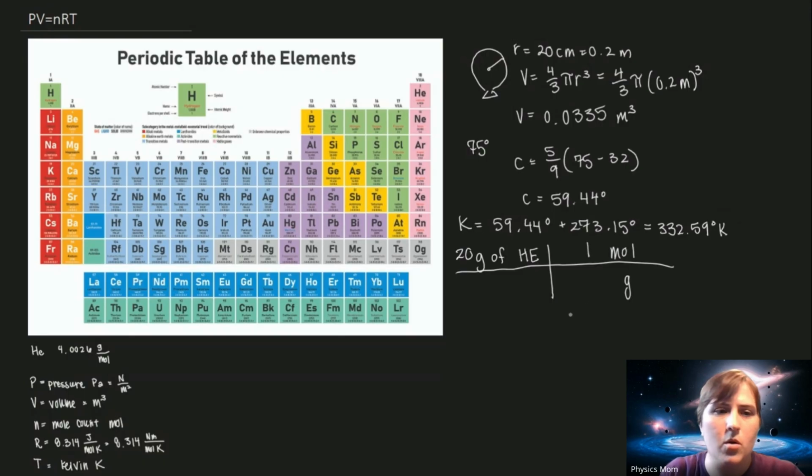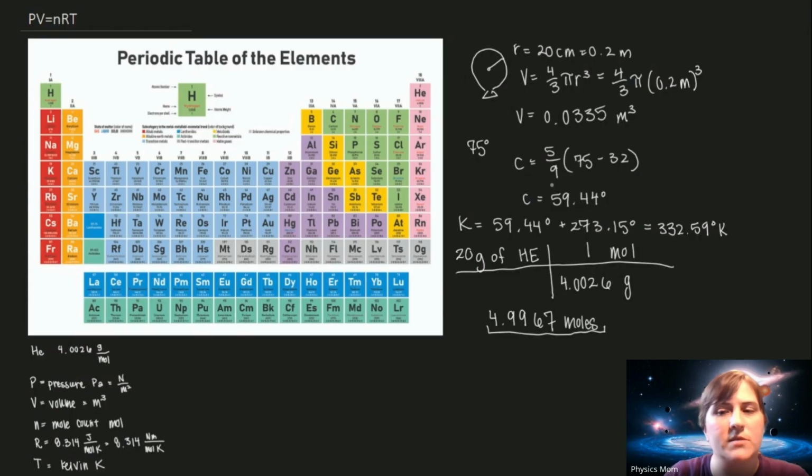For every 1 mole, I have 4.0026 grams per mole. So I'm going to take this 20 and divide by the atomic mass unit, and I get approximately 4.9967 moles of helium.